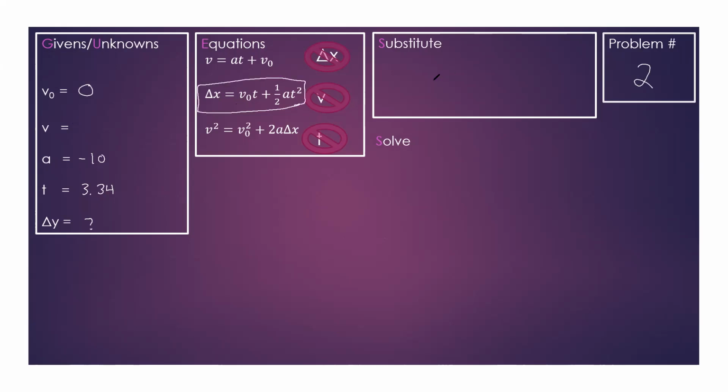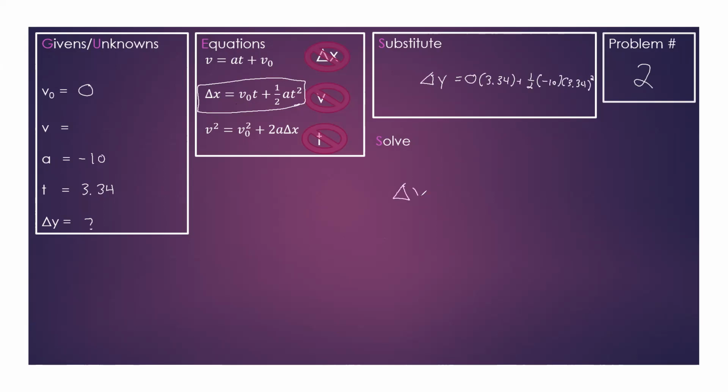Delta y, which is what I'm searching for, equals V naught times T plus 1/2 A times T squared.